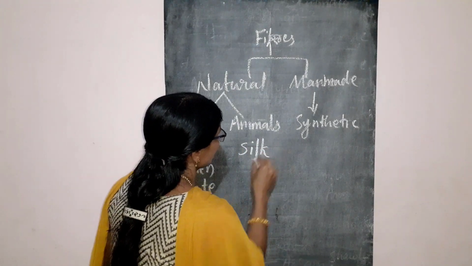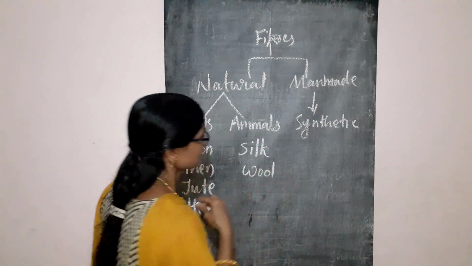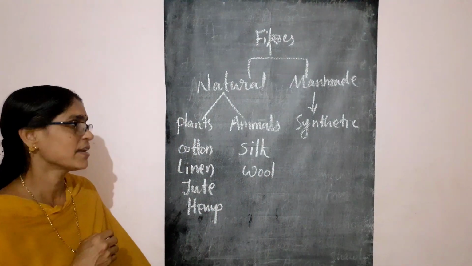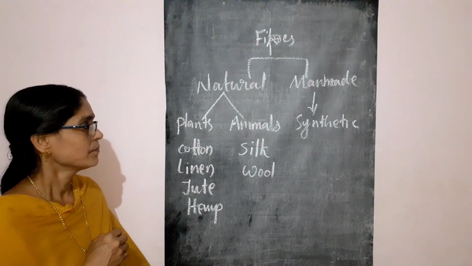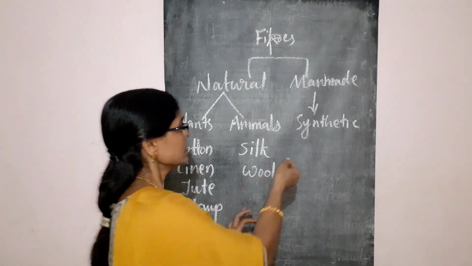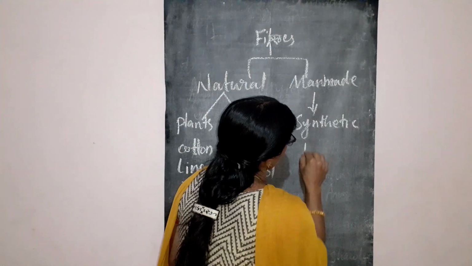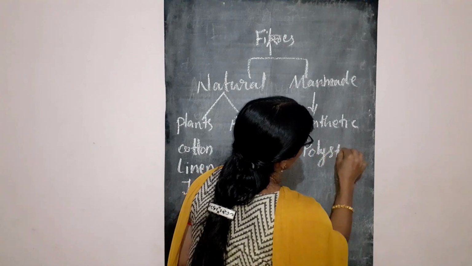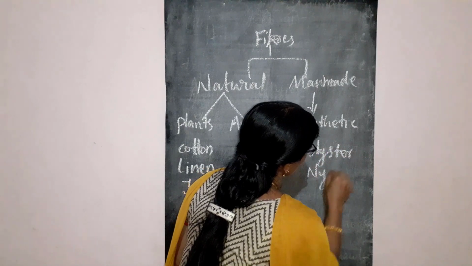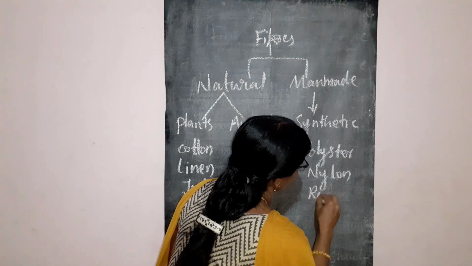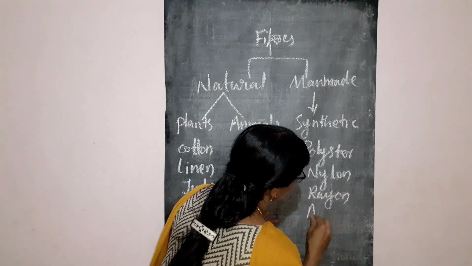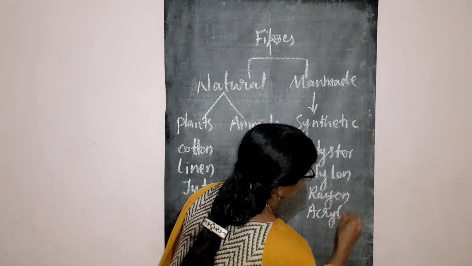Silk and wool are the main animal fibers. Then name some synthetic fibers. Polyester, nylon, rayon, acrylic, etc.